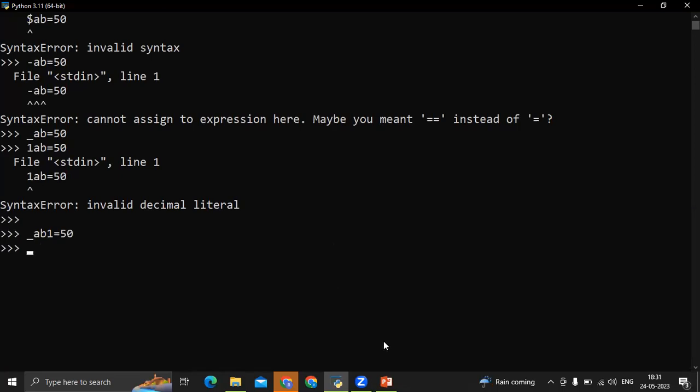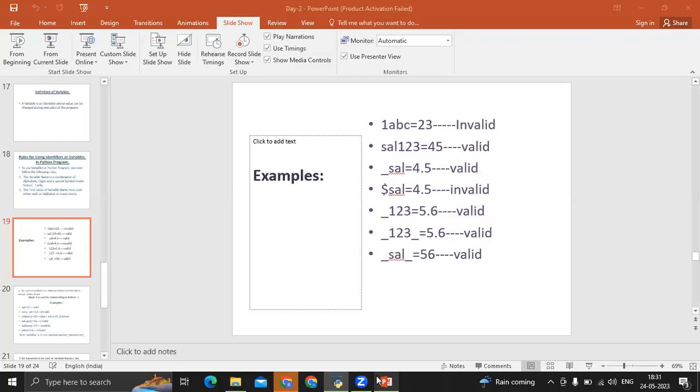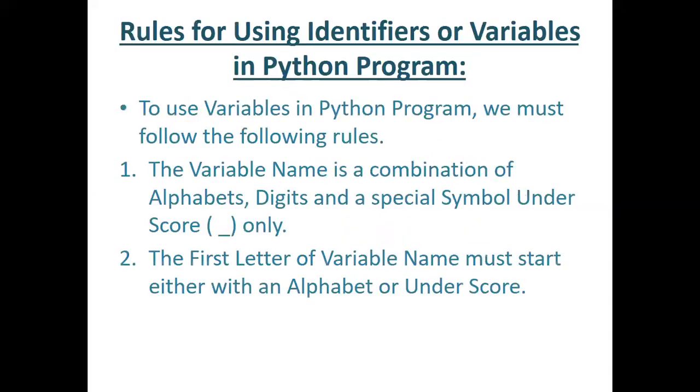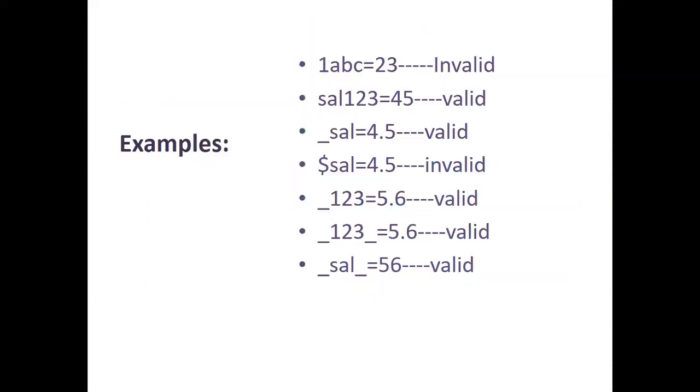So what have we learned? It can be a combination of alphabet, digit, and a special symbol, that is underscore. But the first letter should always be an alphabet or underscore, otherwise we'll get the error.